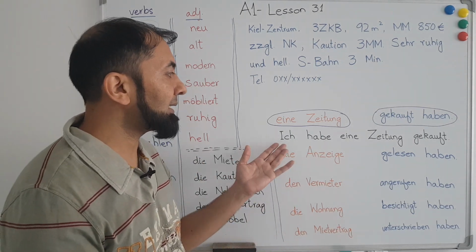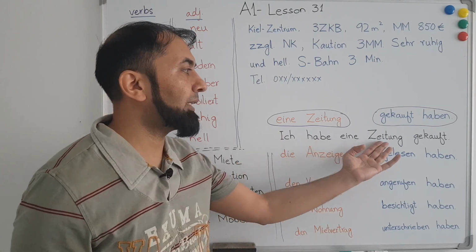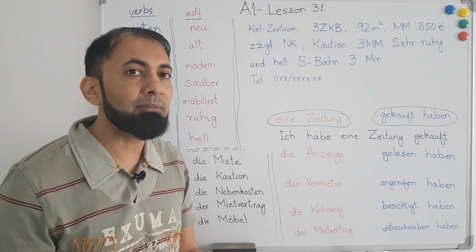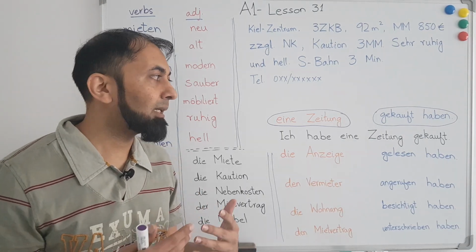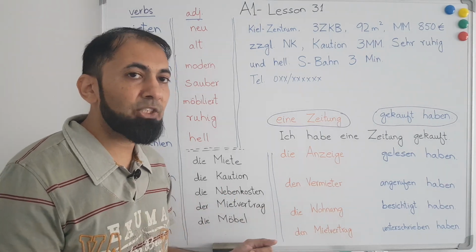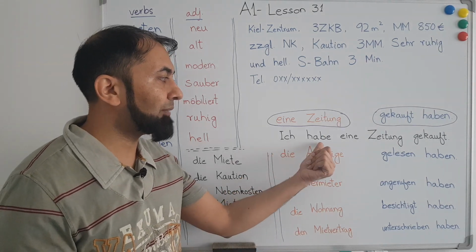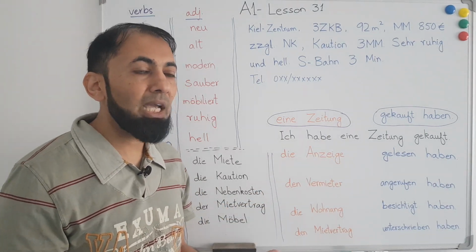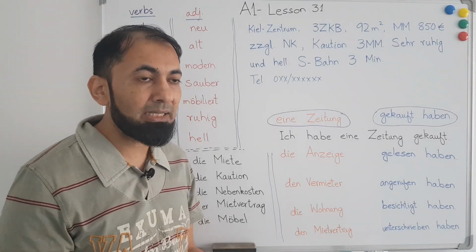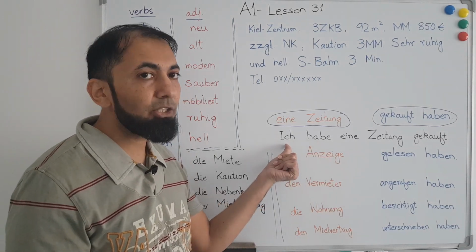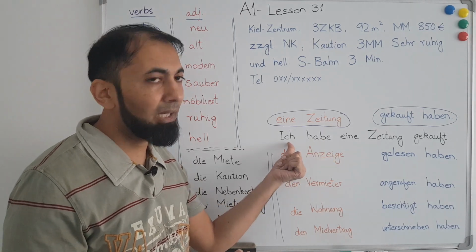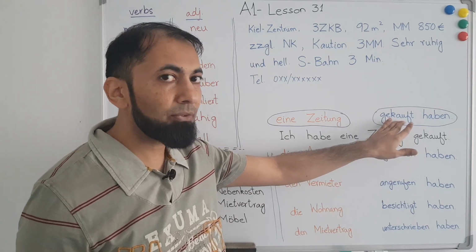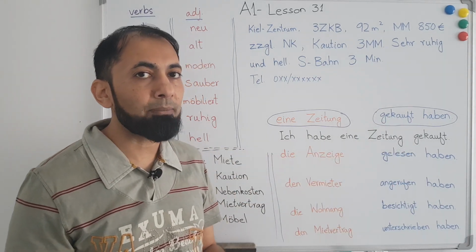So what I have done is ich habe eine Zeitung gekauft, because the events happened in the past, and in order to describe the events that happened in the past, we use the perfect form in the German language. In perfect form we have to use the haben verb as a helping verb at the second position, which we have to conjugate according to the subject of the sentence. Subject of the sentence is ich, therefore haben will become habe. And now the verb we have to use here is gekauft, which is the participle zwei form of the perfect tense.